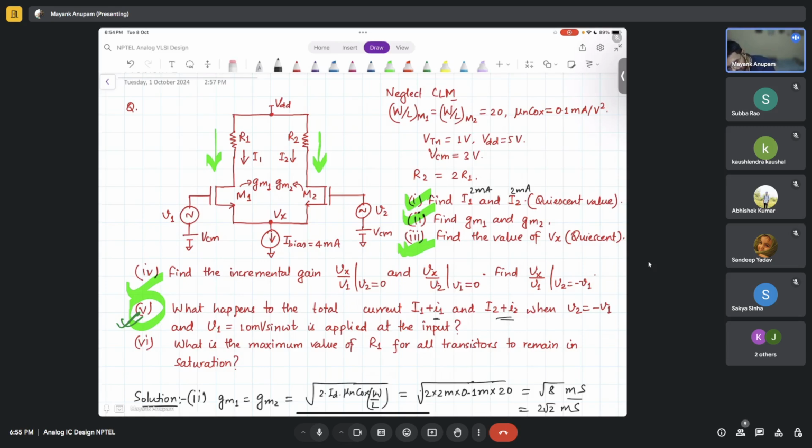But you know that when you increase the voltage here and decrease the voltage here, basically when you have differential signals, that is if it is plus 10 millivolt here and minus 10 millivolt here, the voltages at these two nodes are going to respond to it, right? So if this is plus 10 millivolt, this voltage will go down slightly, and if it is minus 10 millivolt, this voltage will increase slightly.